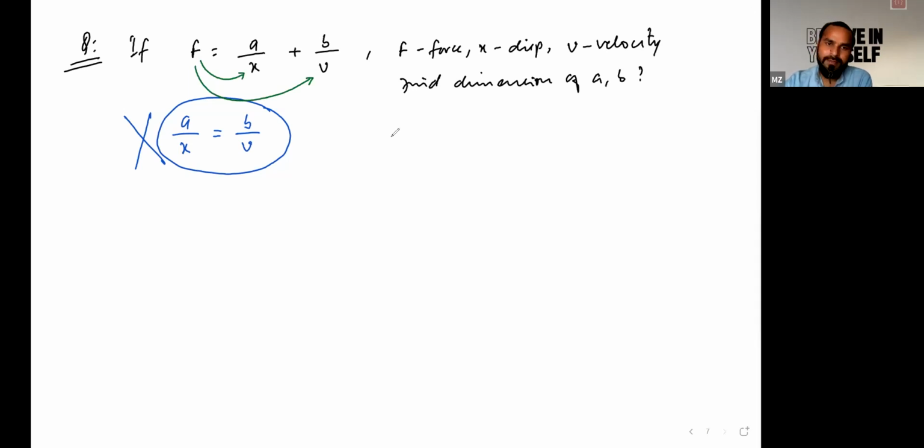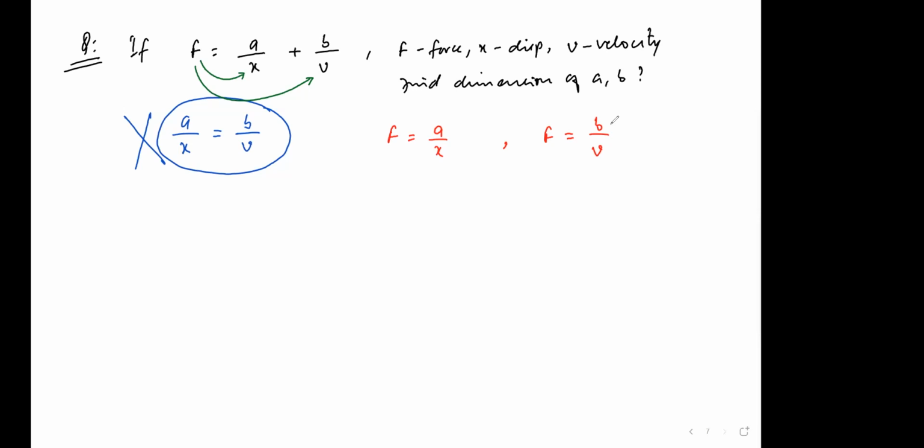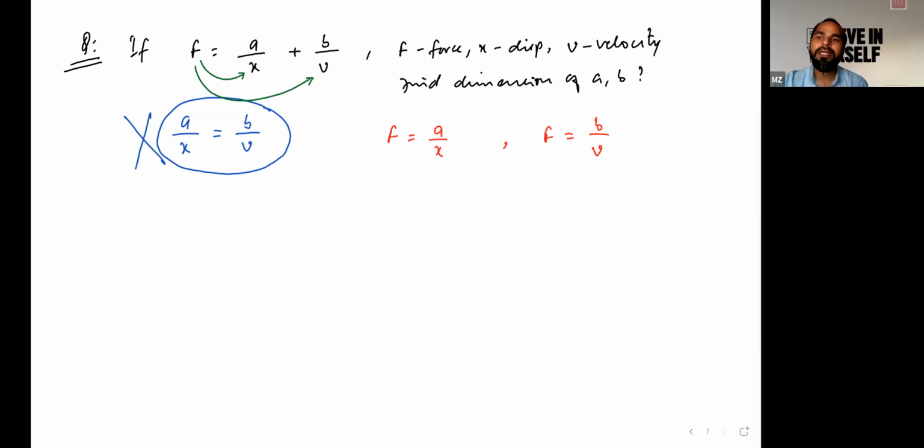So it would be F is equal to A over X, or F is equal to B over V. We already know the dimension formula of force and displacement. So from this, you can easily solve for A, and from this, you can easily solve for B. Is it clear? Yes, sir. So depending upon the question, we have to apply different concepts regarding that particular problem. Okay, just try to solve for A and B.